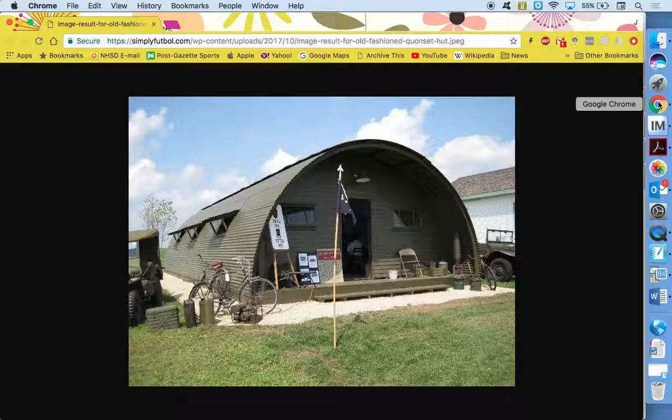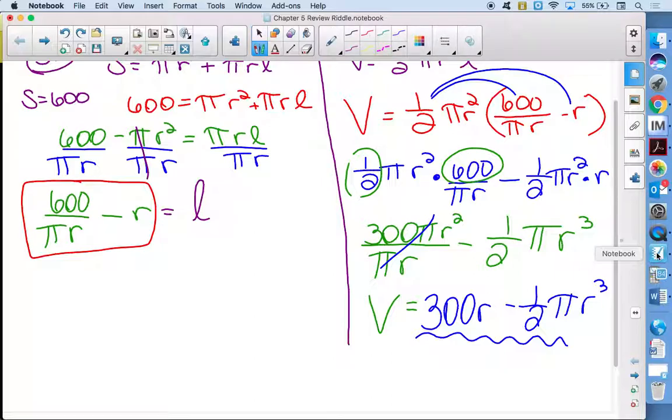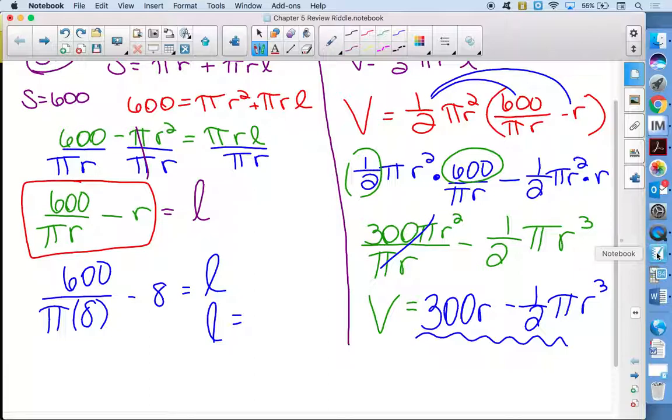We can find that just by using the equation that we already have for length. Right here, it's 600 divided by pi times 8, and then minus 8. So you're taking 600 divided by, you might want to put pi and 8 in your parentheses or multiply those first and then divide.